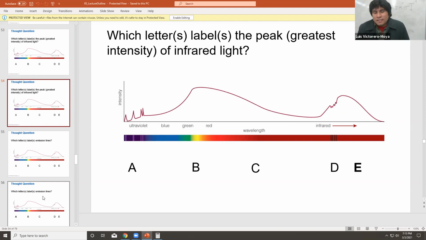Okay, so the question is, how does this all relate to temperature? First of all, temperature is a measure of the average kinetic energy of particles. So there is already a relationship, because when particles move faster, that means they have a higher temperature. And if we're talking about energy, we are also talking about these transition levels, because energy is related to the frequency, which is also related to the wavelength.